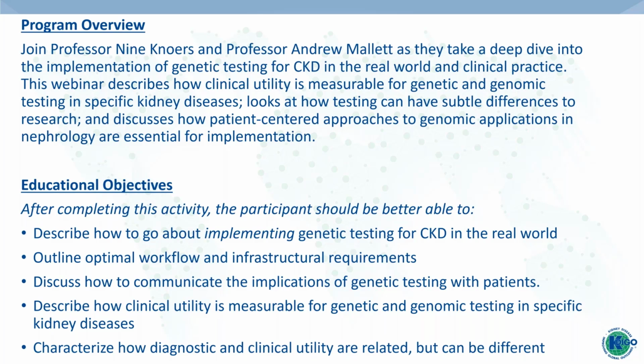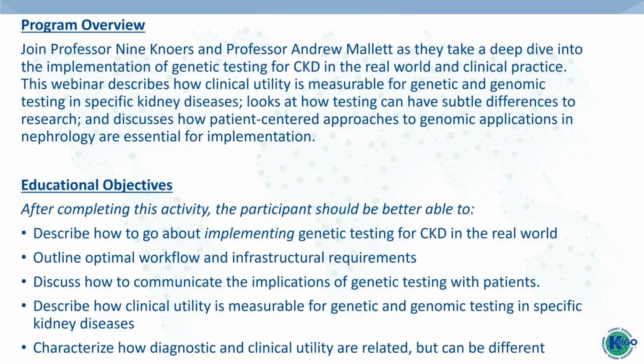This enduring webcast describes how clinical utility is measurable for genetic and genomic testing in specific kidney diseases, looks at how testing can have subtle differences to research, and discusses how patient-centered approaches to genomic applications in nephrology are essential for implementation.